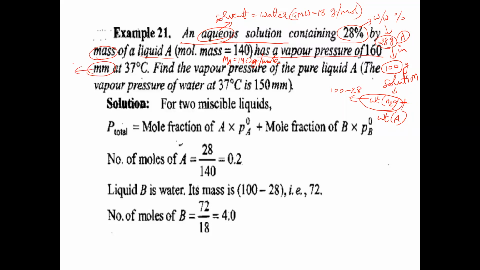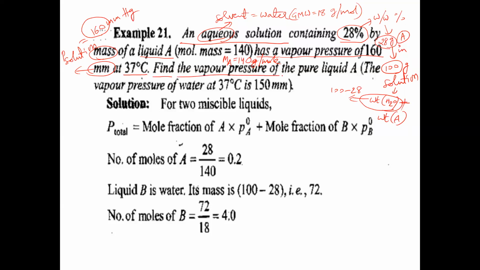P solution, the vapor pressure of solution, is 160 millimeter of mercury for the solution of A in water. At what temperature? 37 degrees Celsius. Keep that in mind.